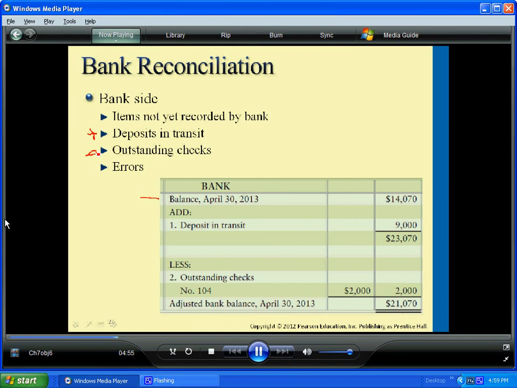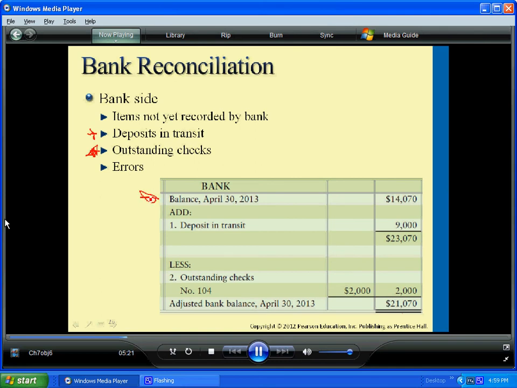If you make your payments at the end of the month to your vendors, they might not cash them for a week or two. So those items have not been removed from this balance as of yet. So what we do is we subtract our outstanding checks.